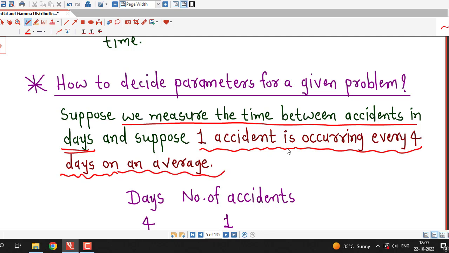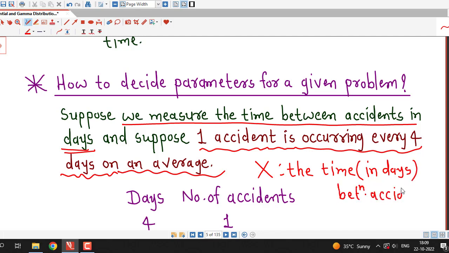So here our random variable is the time between accidents, the time which is given in days. So we have to decide what is the appropriate value of lambda or beta for this particular problem.